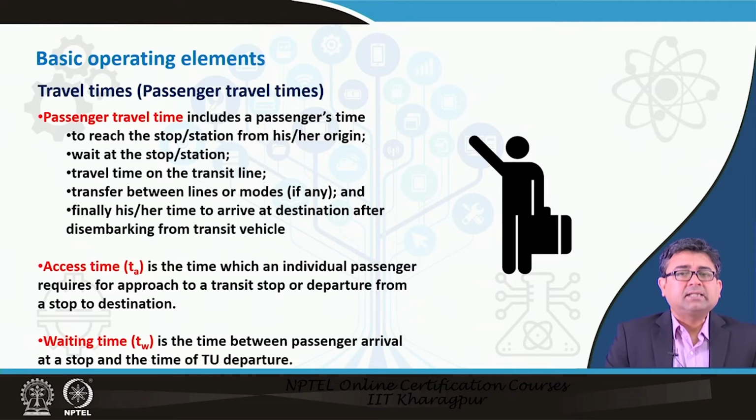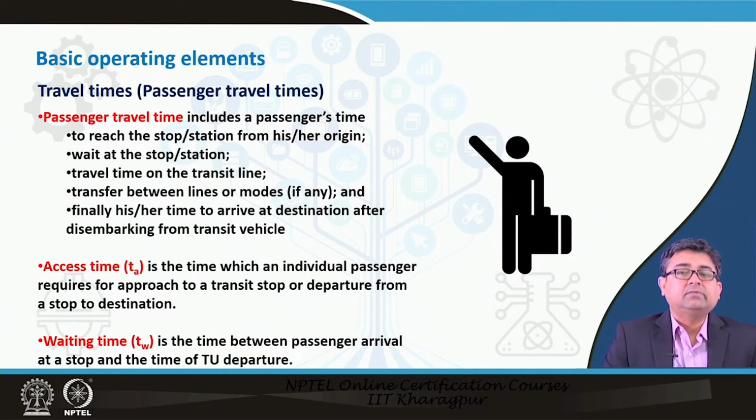And sometimes the next element may not always be present, but sometimes if you are transferring between two stations or two transit lines, then there is some time involved in this transfer. That also has to be added or taken into account when we are calculating passenger travel times.